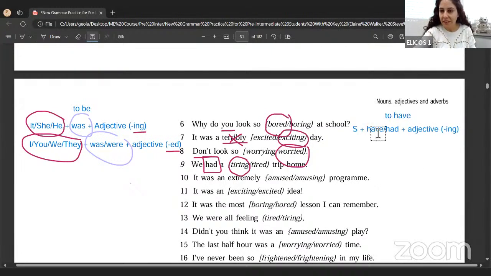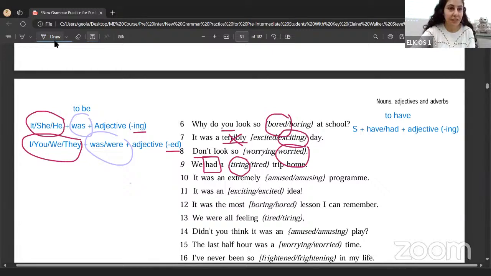We don't say "I have interested." I have some interesting news to tell you. I have an interesting book. I have an interesting film that we can watch. In the past, we had an interesting trip. We had an interesting dinner.